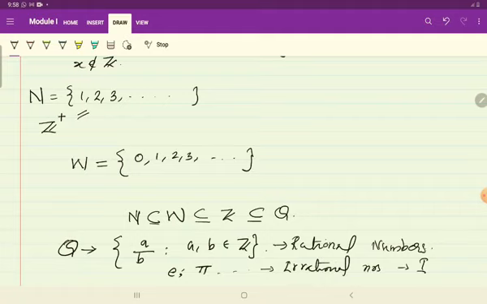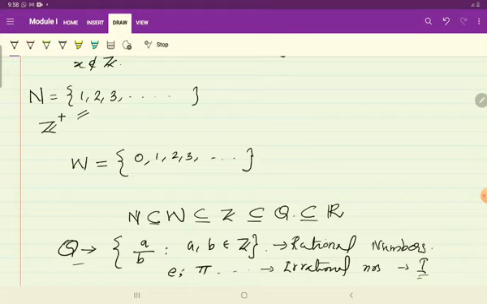So these two are different, disjoint sets. Q and I have no common element, but if all these numbers are included, we form the set of all real numbers.